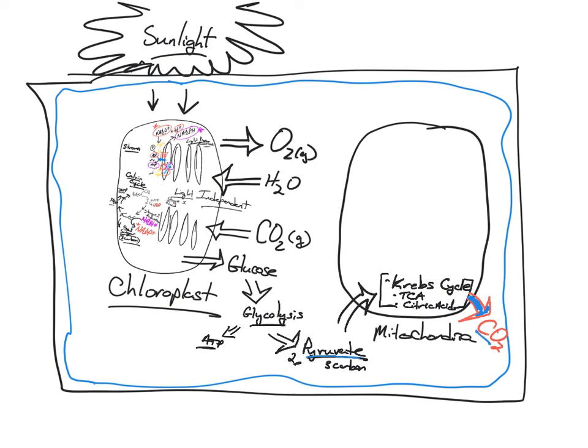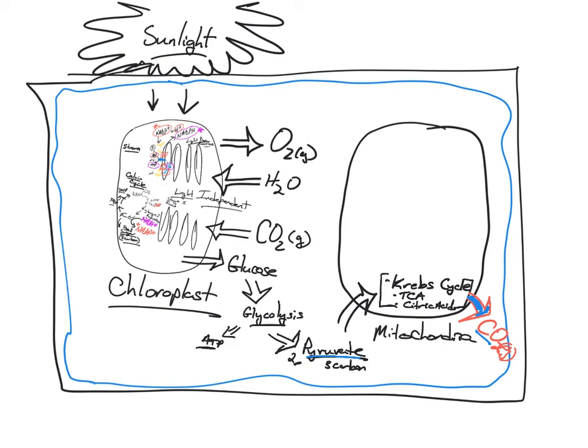Then that CO2 gas in a plant either goes back into the chloroplast or leaves, and usually it's just used up in the chloroplast. Does that make sense? That's why the net gas that leaves the plant is oxygen, because almost all the CO2 keeps getting used up and you make it back into sugar. But it does put out some CO2, right? Some CO2 comes out, just mostly it's oxygen.